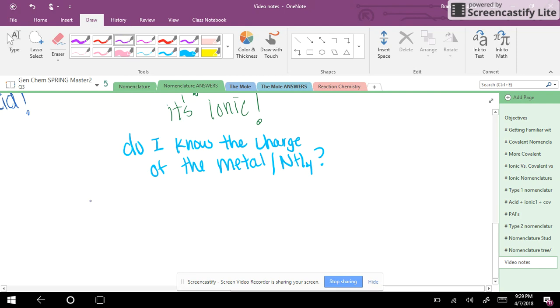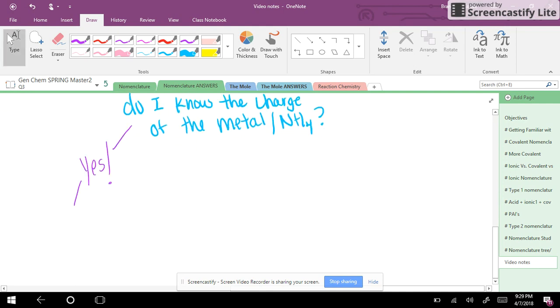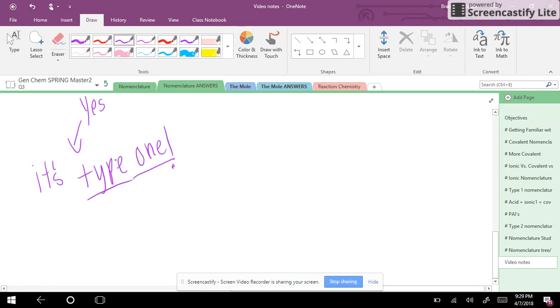There's obviously going to be two answers to that. The answer either is going to be yes, in which case it's type 1. Another way to call type 1 is the Rot compounds.